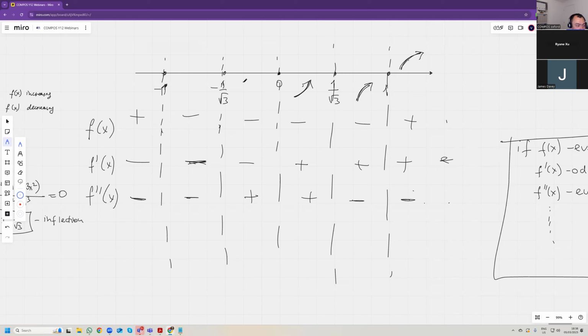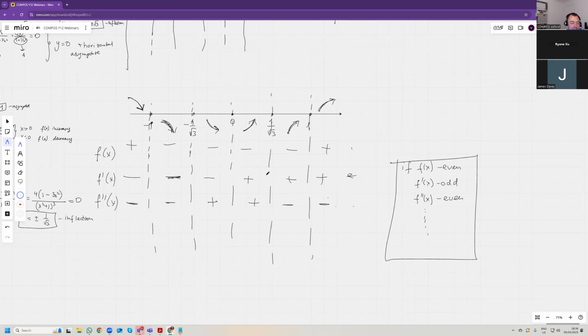Negative, decreasing, convex. Negative, decreasing, concave, so like this. And it's positive, decreasing, concave. Oh, nice. So we can sort of see what kind of function that is. And we now can sketch it.